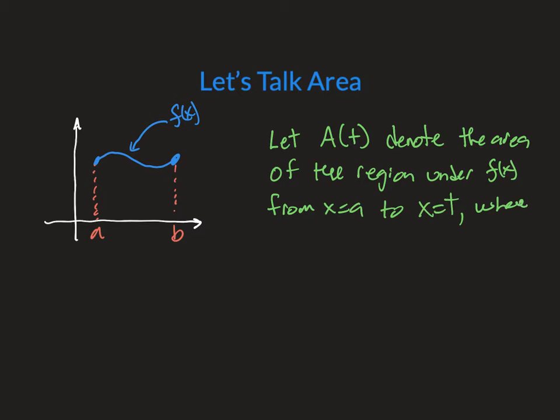So mathematically, we write that like this: a is less than or equal to t is less than or equal to b.